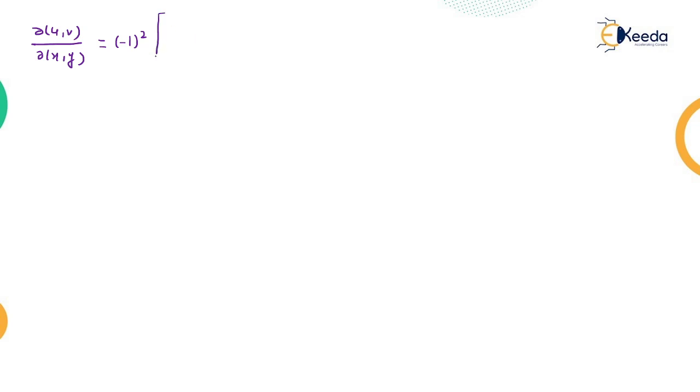But what is the numerator and what is the denominator? The numerator is dou(f1,f2) upon dou(x,y), and in the denominator, dou(f1,f2) with respect to u and v.